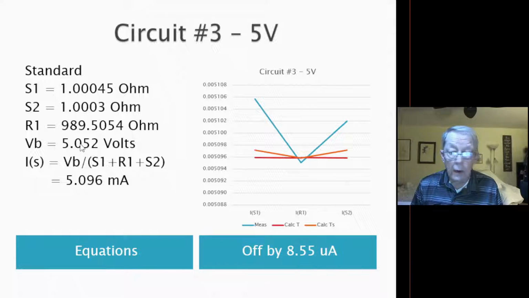And I measured the voltage applied, even though I set it at 5.0. The 7.5 digit voltmeter showed that it was 5.052 volts. Well, if you take this voltage and divide it by the sum of these resistors, you're going to be drawing 5.096 milliamps. And if you look over here, this line right here, that's like the standard model.